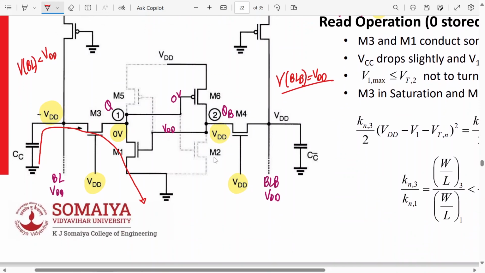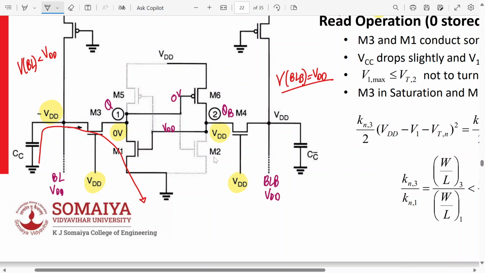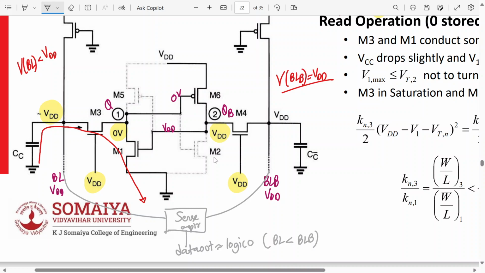So now this will be sensed by a sense amplifier, as I've already informed you. It will go to the sense amplifier and it will give the data output according to whichever line is higher. So BL is less than BLB, so it will give the output as logic 0. This will happen. This is the problem, right?